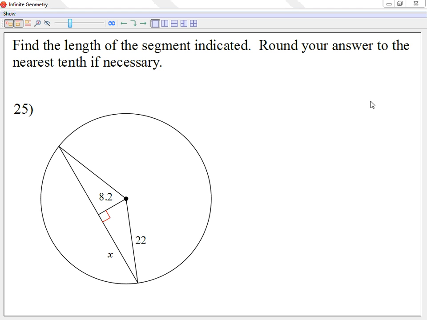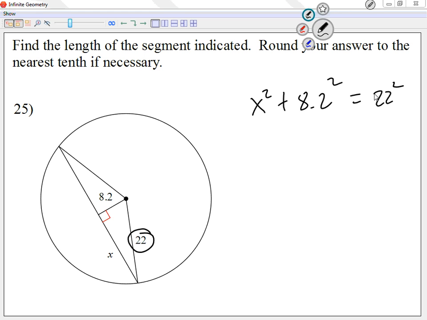So before I set it up, I look at my three sides and circle which one is the biggest of the three. Right? Looking at length, don't look at the numbers, look at the length. I know that's the big one. So the way I'm going to set it up will be x squared plus 8.2 squared equals 22 squared. Right? The big one is the one that goes by itself. It could be a number, it could be x. And then from there, work it out.